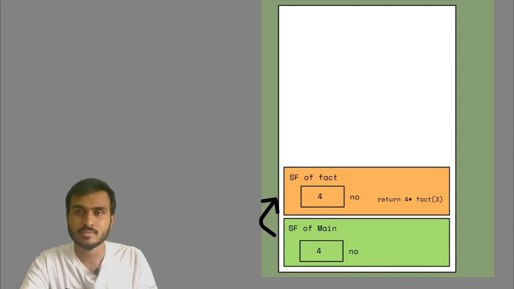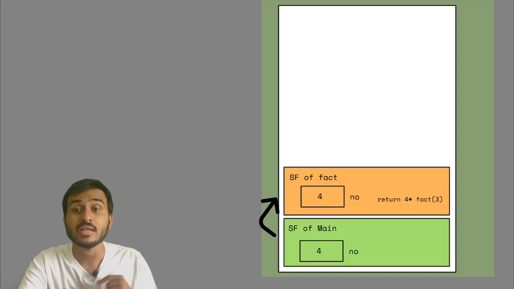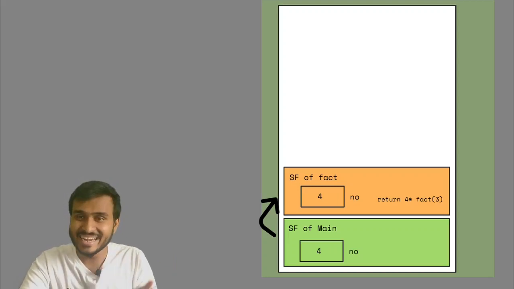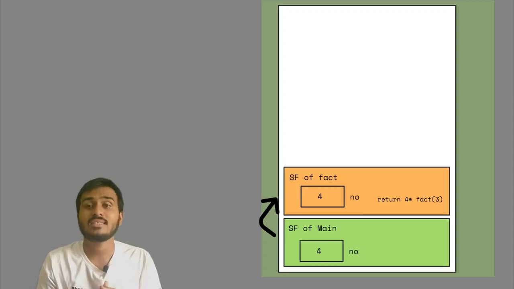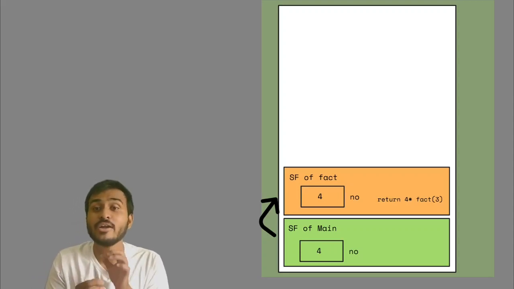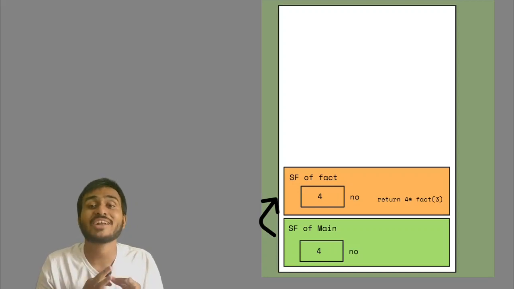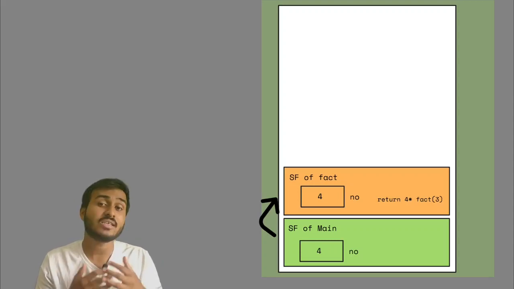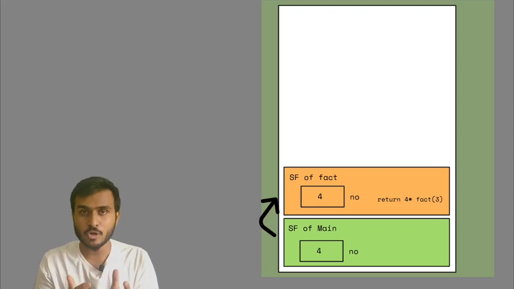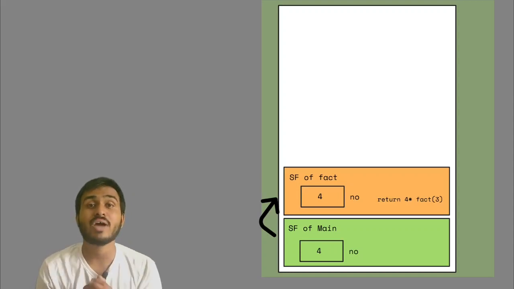Now what is this function going to do? This function is going to return us 4 into fact of 3. But can it directly return the value quickly? The answer is no, because in order to return the value it needs the answer to fact of 3, and the fact function, when called with argument 4 or number equal to 4, doesn't have the answer to fact of 3.